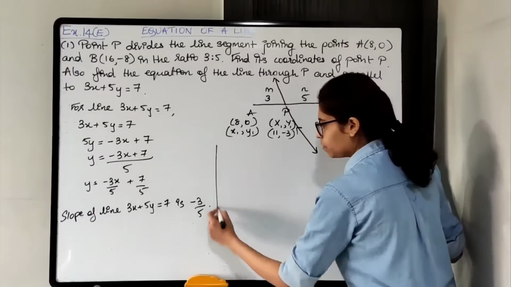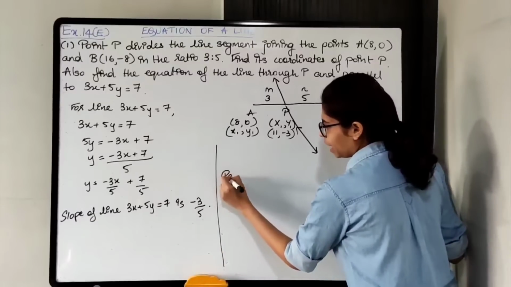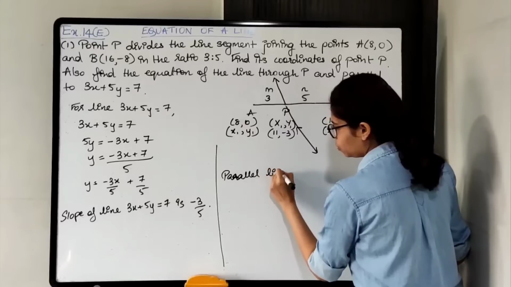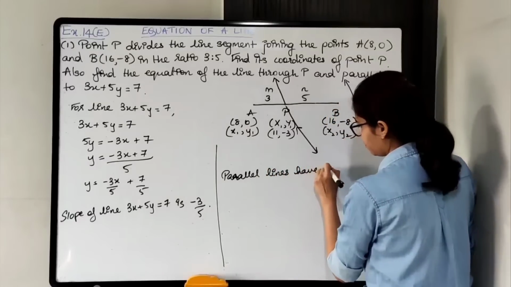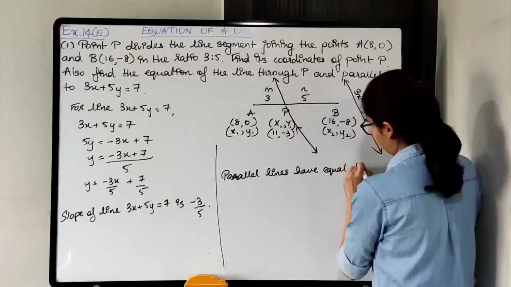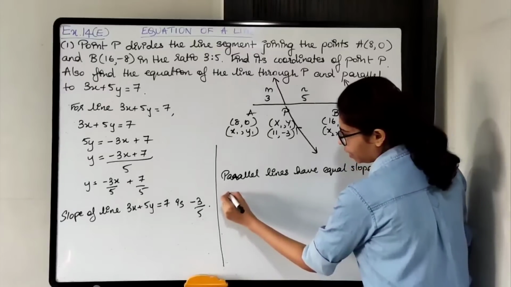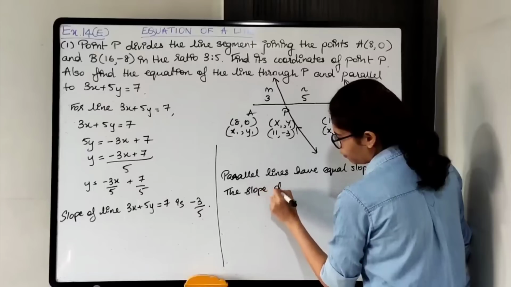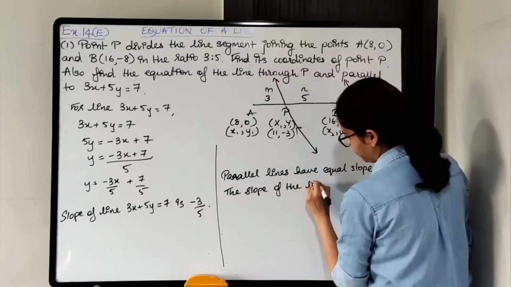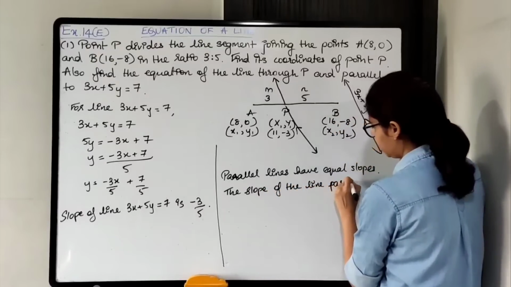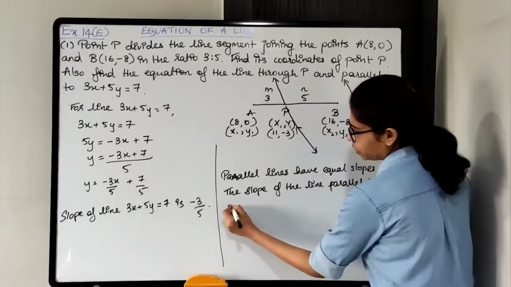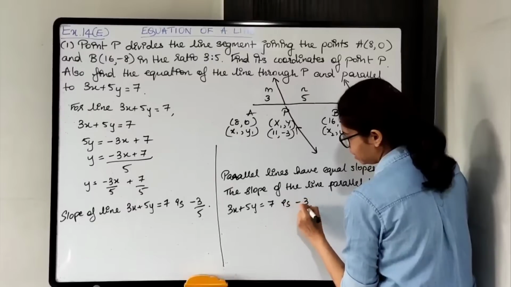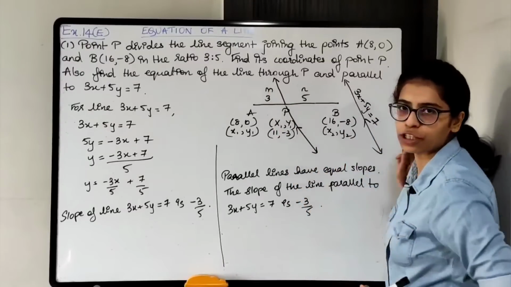So write down parallel lines have equal slopes. Therefore, the slope of the line parallel to 3x plus 5y equal to 7 is minus 3 by 5. इसका भी slope वही होगा.